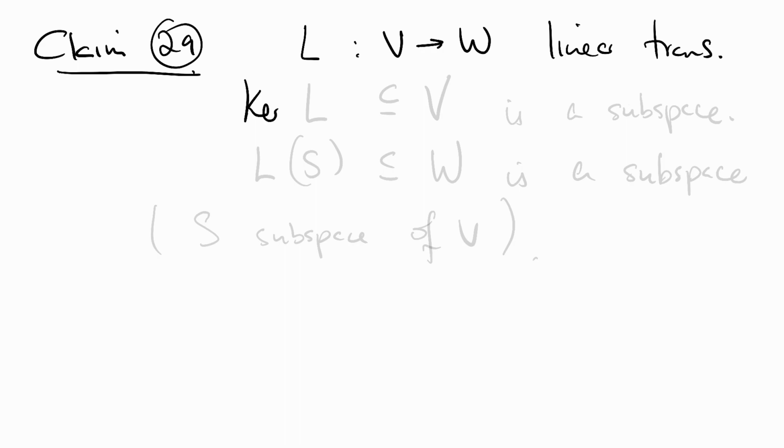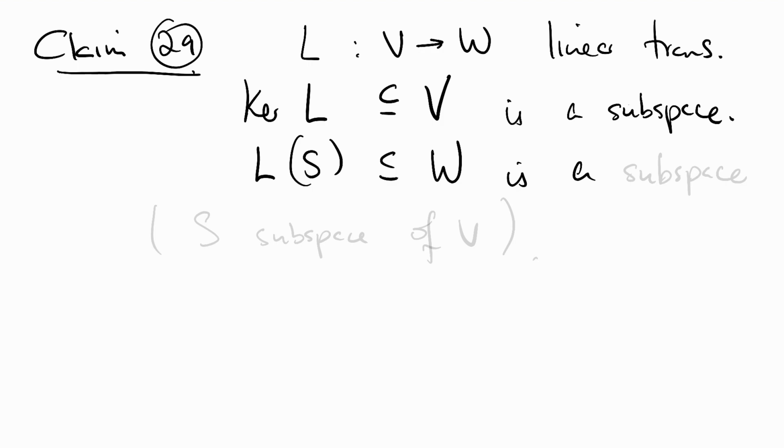We claim that the kernel of L is a subspace of V, and we claim that the image of S is a subspace of W when S is a subspace of V. Let's talk a little bit about this proof.